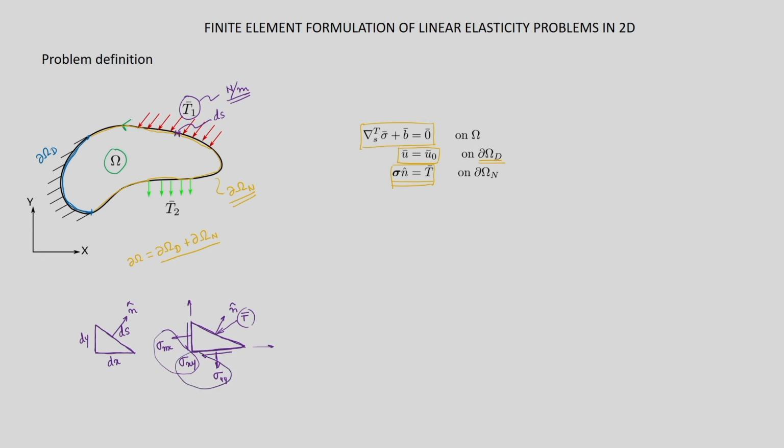Now if I consider the equilibrium of this small element along x and y direction, what we get is Tx equal to sigma xx nx plus sigma xy ny, and then in the y direction we get Ty as sigma xy nx plus sigma yy ny.